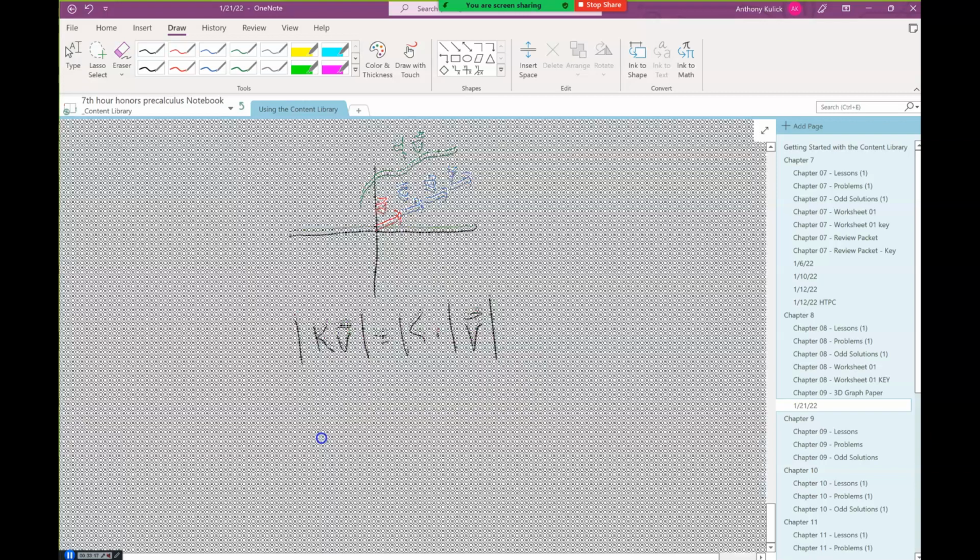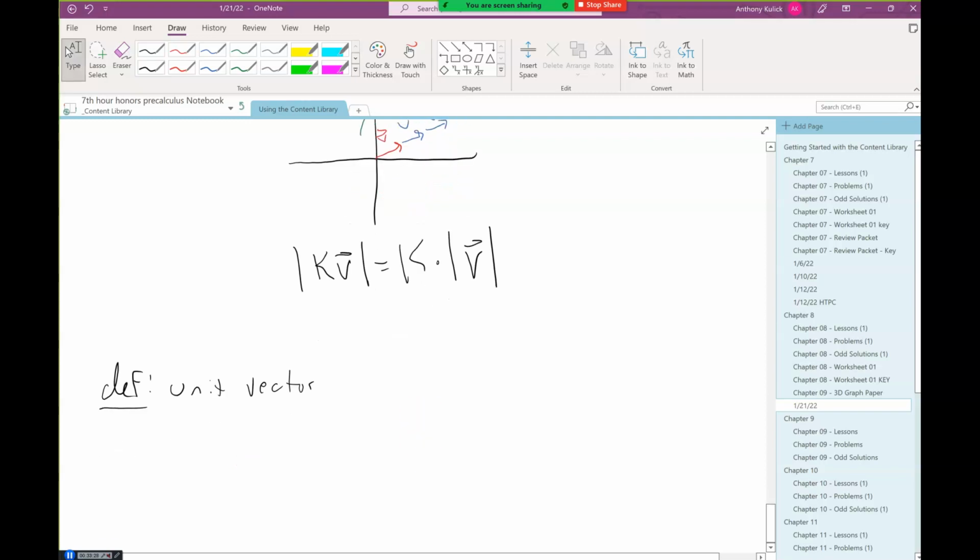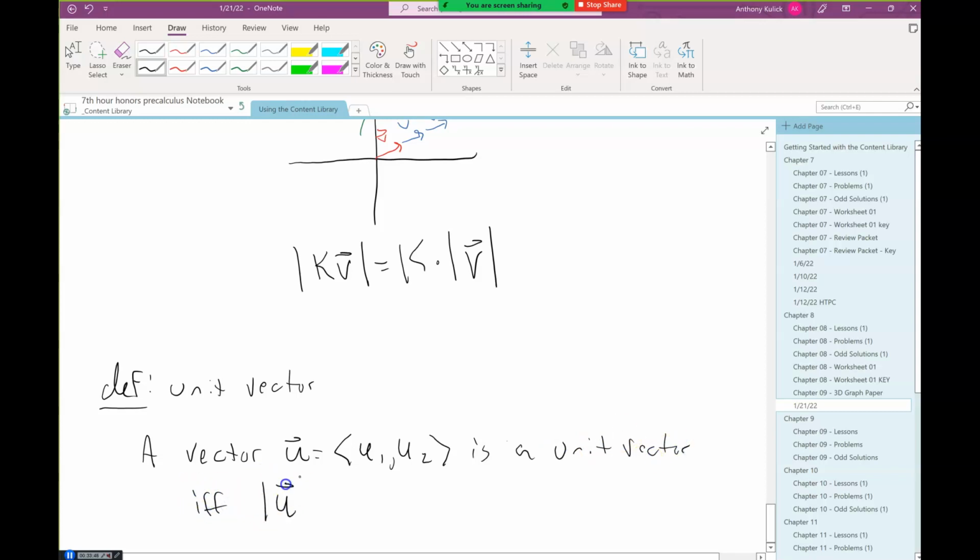The next thing we're going to talk about is another type of special vector called the unit vector. So we say that u is a unit vector if and only if its magnitude is 1.